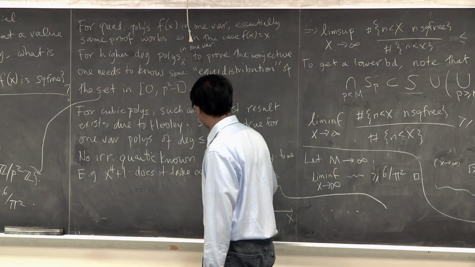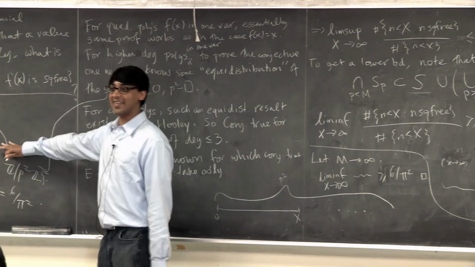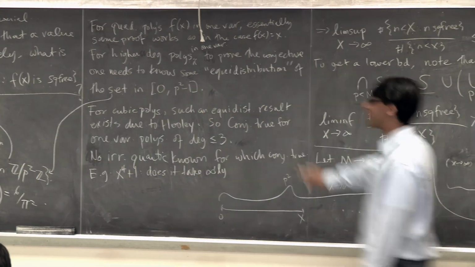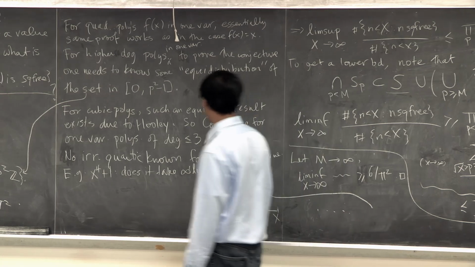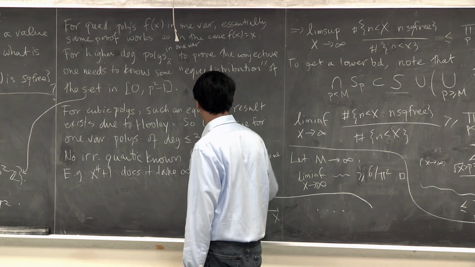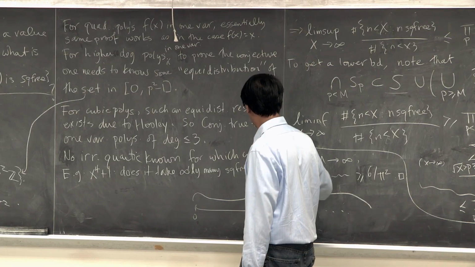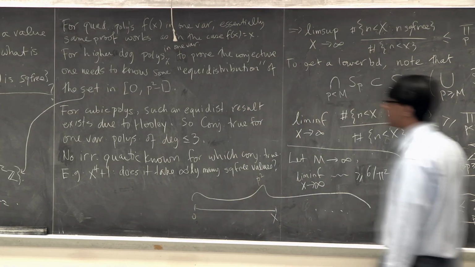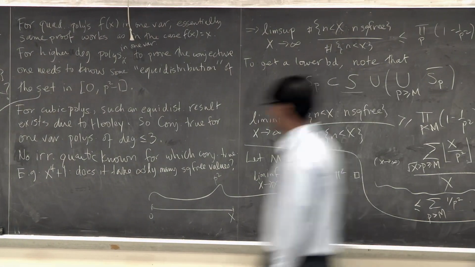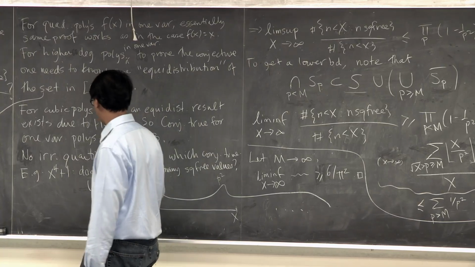I'm not even asking for positive density. Just want there to be infinitely many, even if it's 0 density. Does it take infinitely many square-free values? That's an open problem. So even that's unknown.